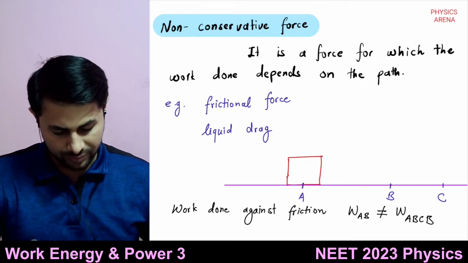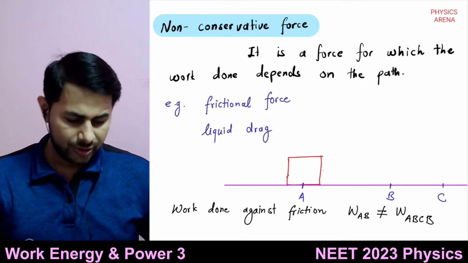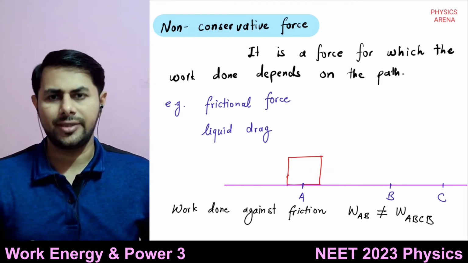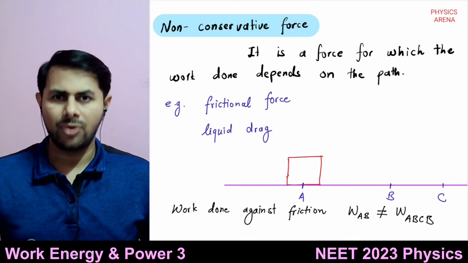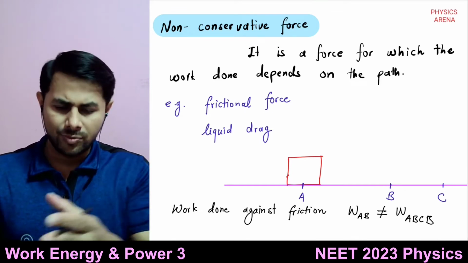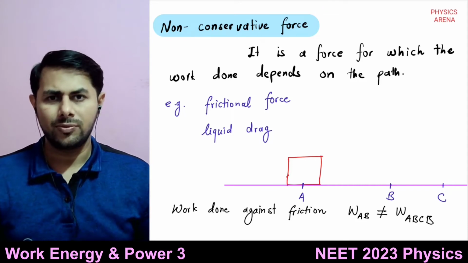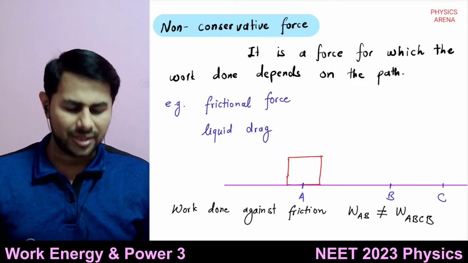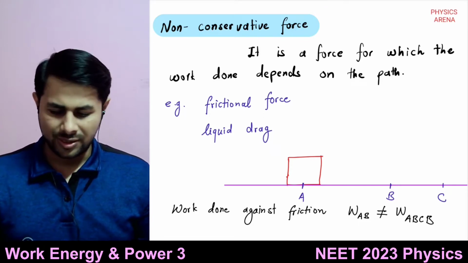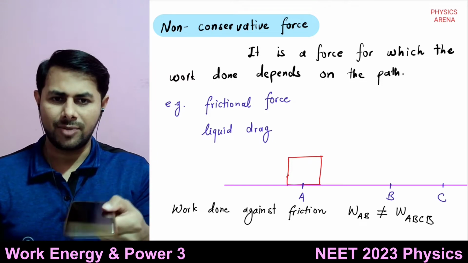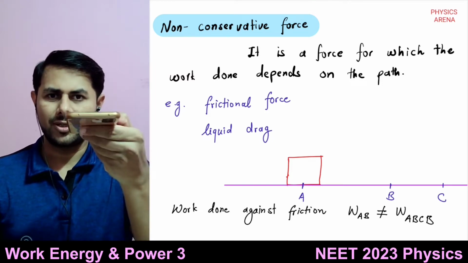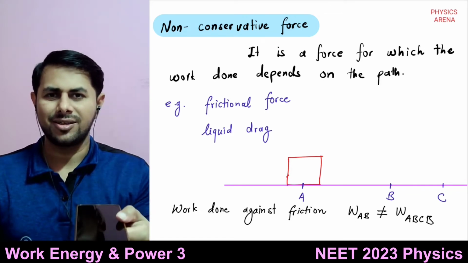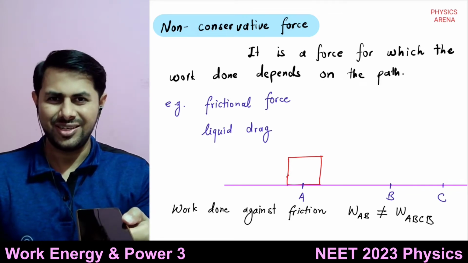What is the reason? Whenever you move this block against the frictional force, you have to do work against the friction. Friction always opposes the motion. So if you move it by a larger distance, you have to do more work. In contrast, if you think about gravity, let's suppose I move my cell phone from here to here, gravity will oppose me, but if I move the cell phone like this, gravity will help me, right?